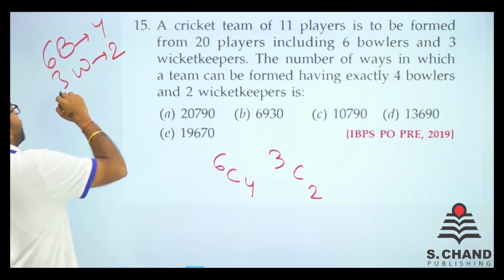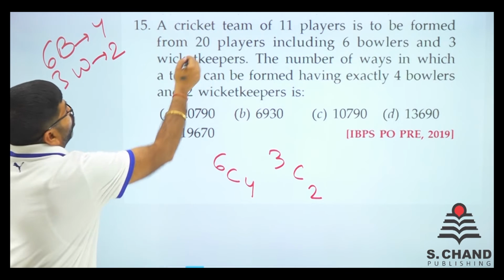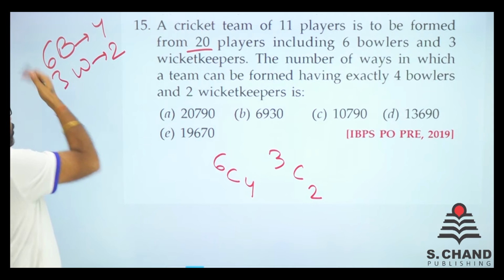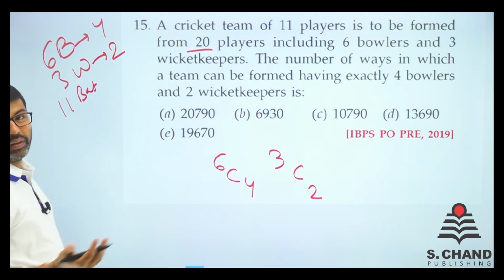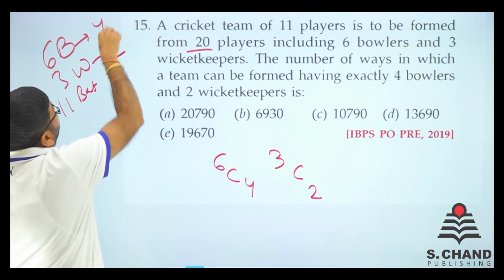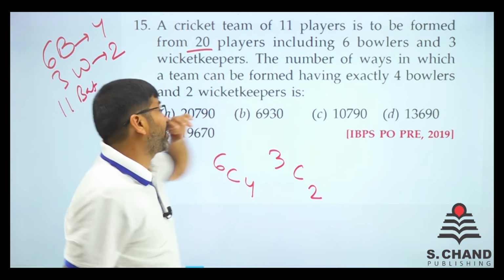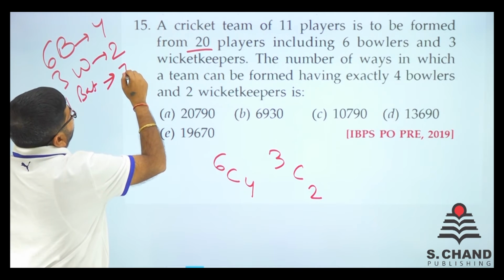Why? Because from the 3 you need 2. Now remaining, see, there are 20 players, 9 will be out of that. So remaining 11 are batsmen or all-rounders or whatever, right? And 4 and 2 are 6. So out of 11 you have taken 6. So remaining is out of 5.